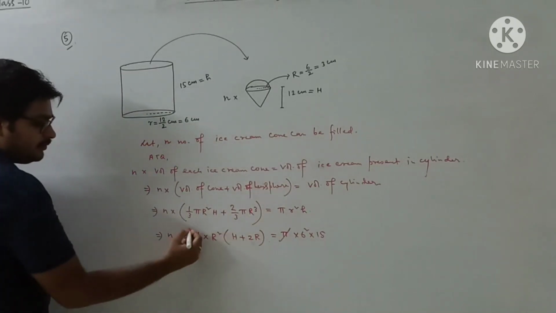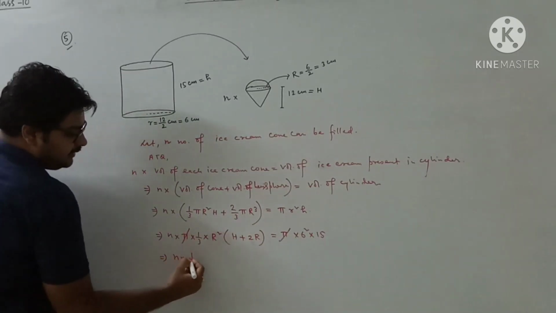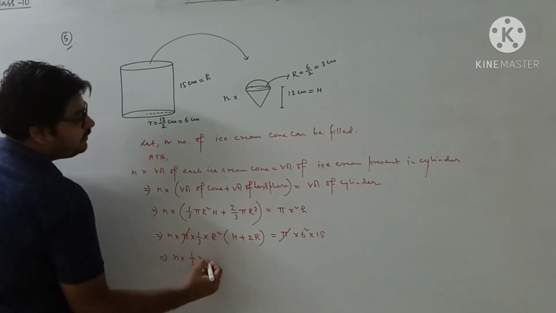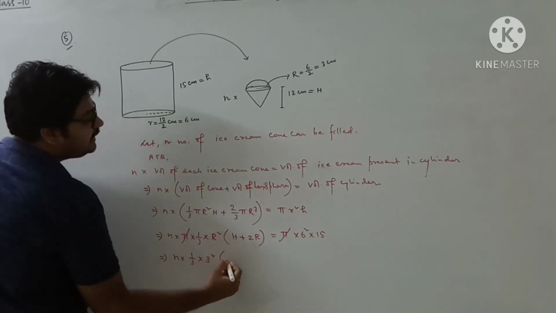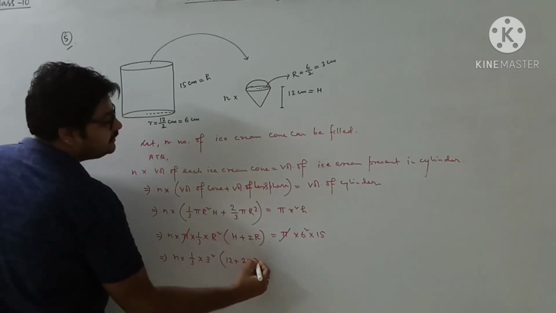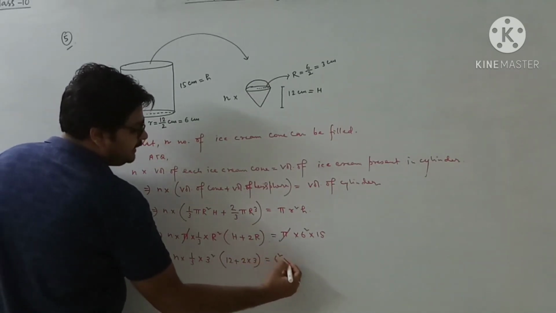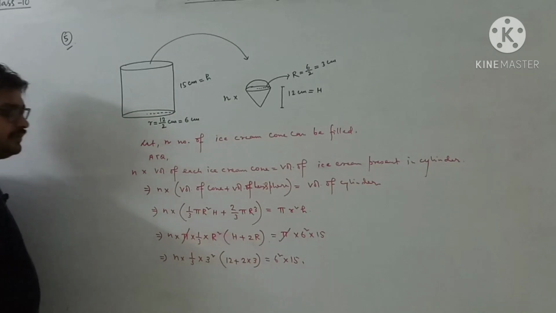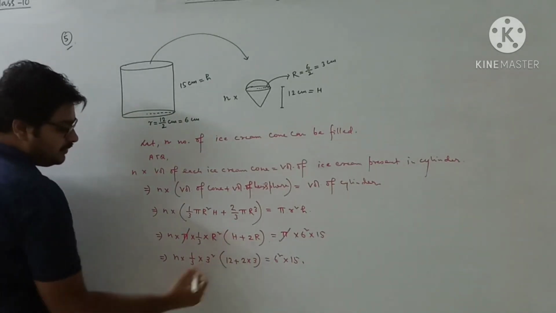Pi we are cancelling from both sides. So n into 1 by 3 into capital R square means 3 square, capital H means 12, here 2 into 3. I think the leftover calculation you can do yourself. Complete this calculation here. 6 plus 12 is 18.